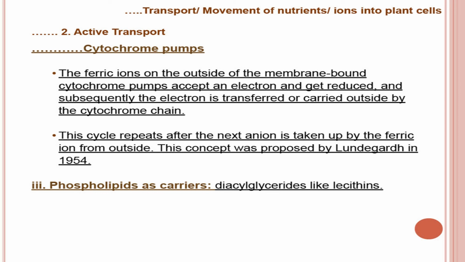This cycle repeats after the next anion is taken up by the ferric ion from outside, and this concept was proposed by Lundegardh in 1954. And the third mode of active transport could be phospholipids as carriers. In this case, diacyl glycerides like lecithins act.